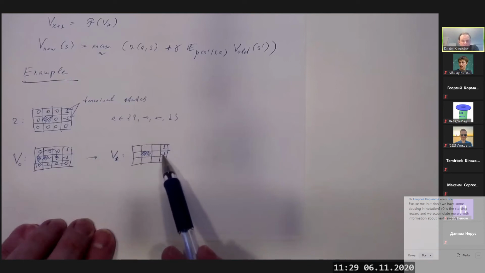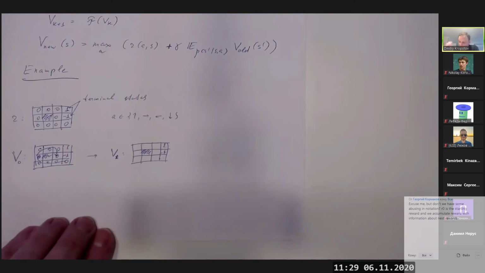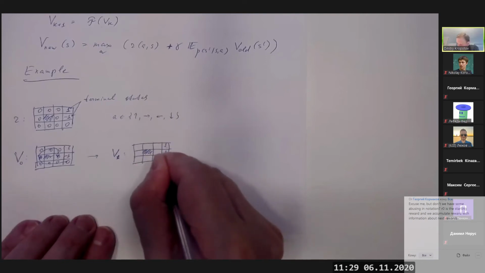So if we go upward, we get minus gamma here, and if we go to the left, we get 0, because this would be 0 plus gamma multiplied by 0. So the maximum between these two values, 0 and minus gamma, would be 0.